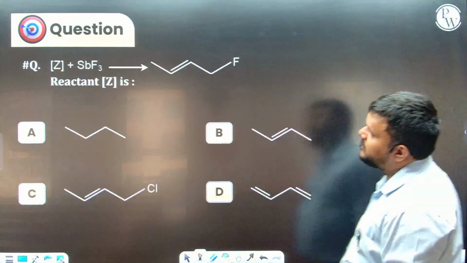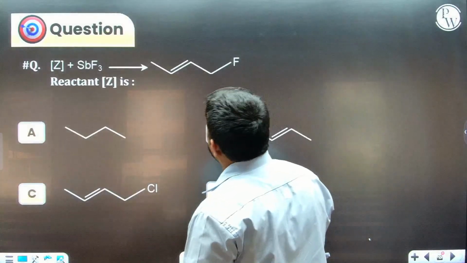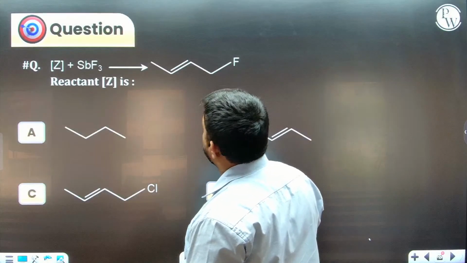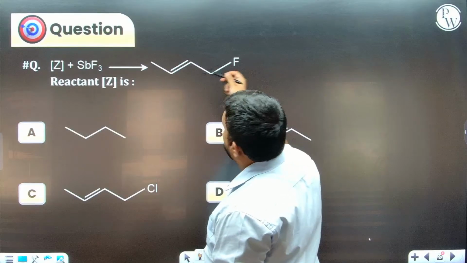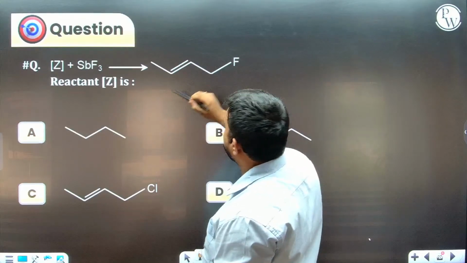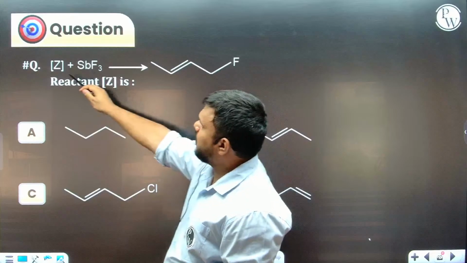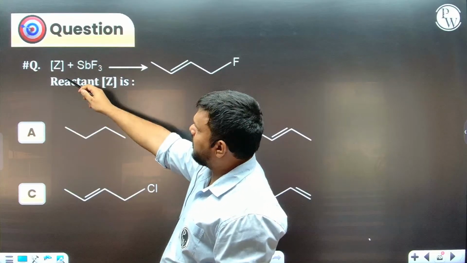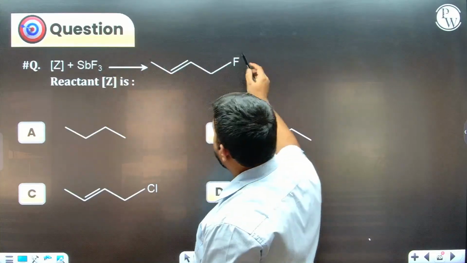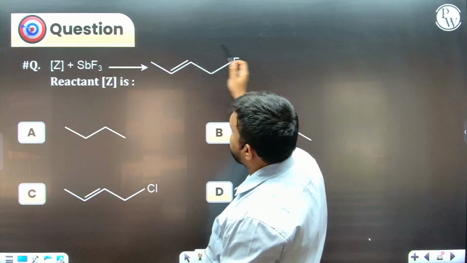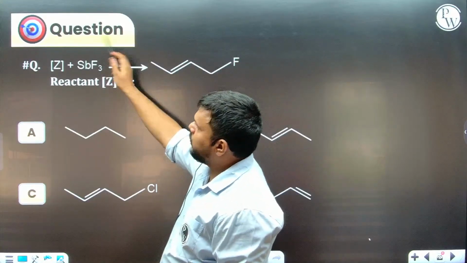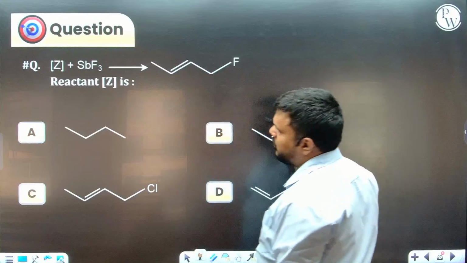Next we are having Z reacted with SbF3 giving this. So we already know what would have happened. This will be chloroalkane or bromoalkane, and what would have happened? This SbF3 provided fluorine minus and it substituted the chlorine or bromine.